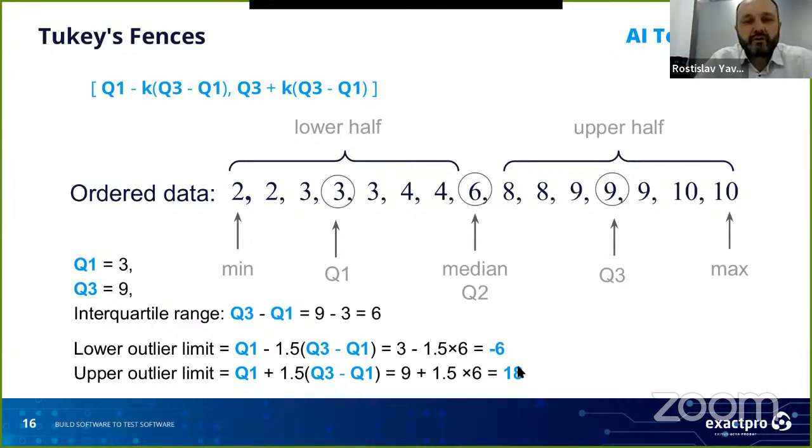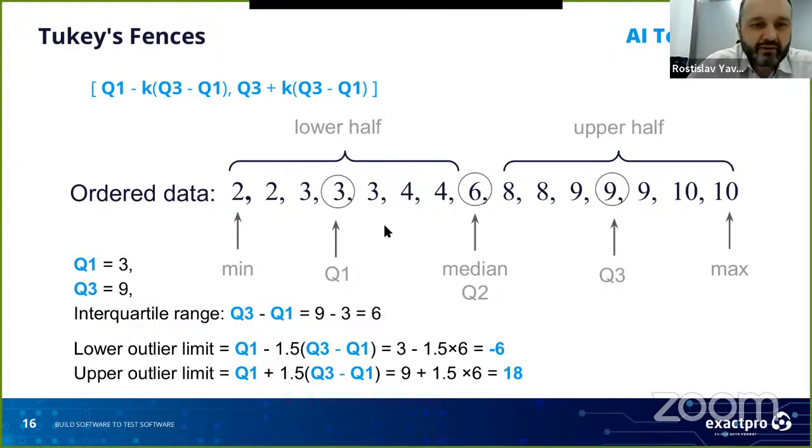So what does it mean? If at some step you get a data point which is below minus 6, and you see here the lowest point is 2, or something which is above 18, and so far you have a maximum of 10, then according to Tukey fences, these numbers would be outliers. So according to this test, you don't have outliers in this data set at all.